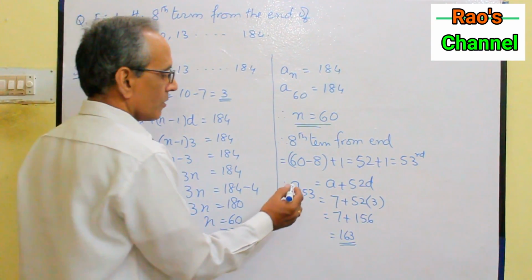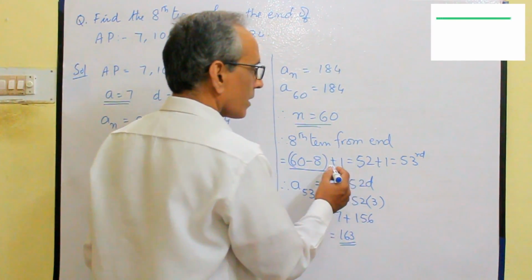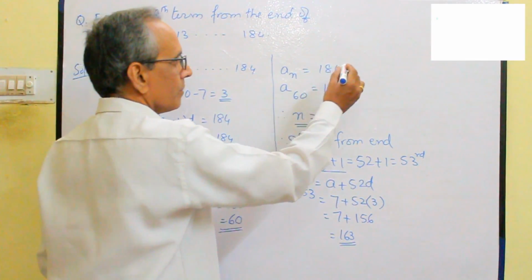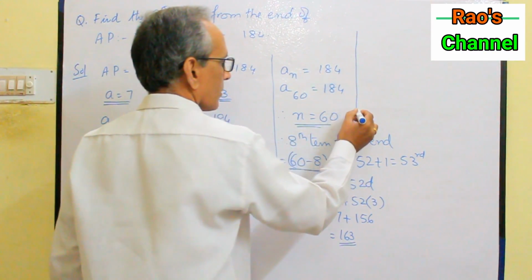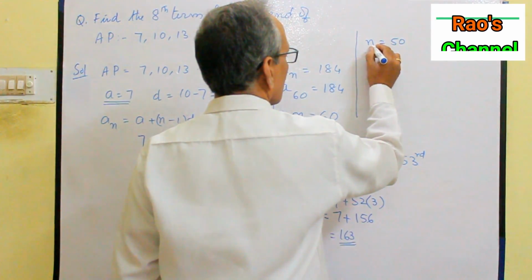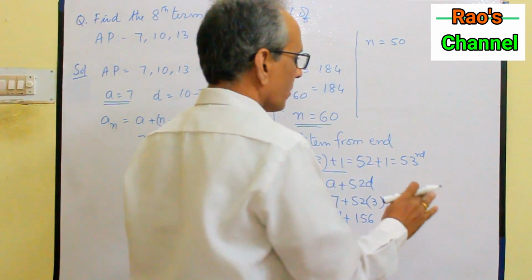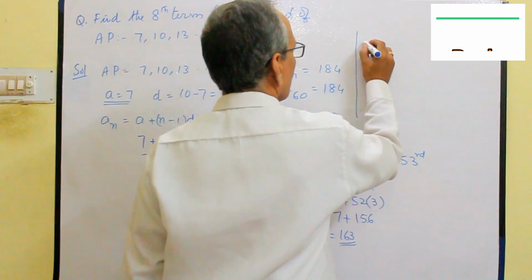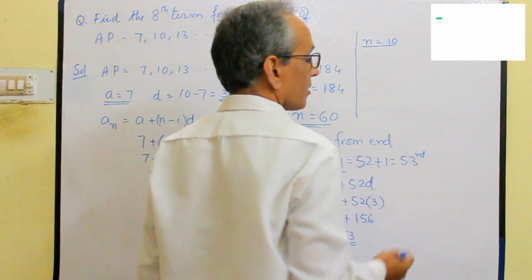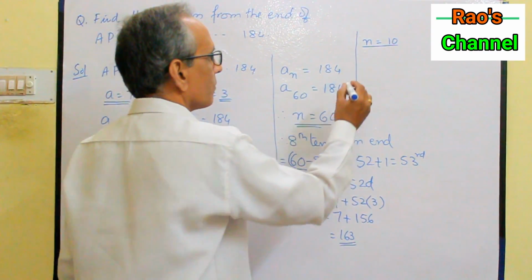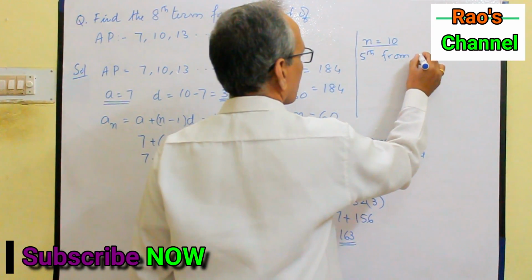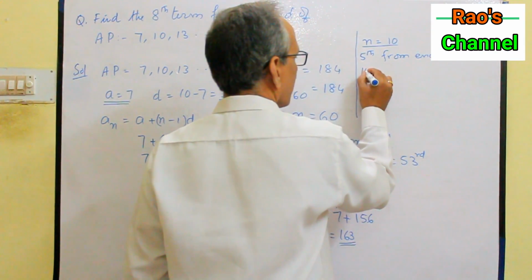So you may often be confused why I am subtracting and adding 1 here. Okay, let me give a clarification. Suppose n is equal to 10, I take a small number to make you understand clearly. If n is 10 observations, I want the fifth term from the end. It's not just 10 minus 5.